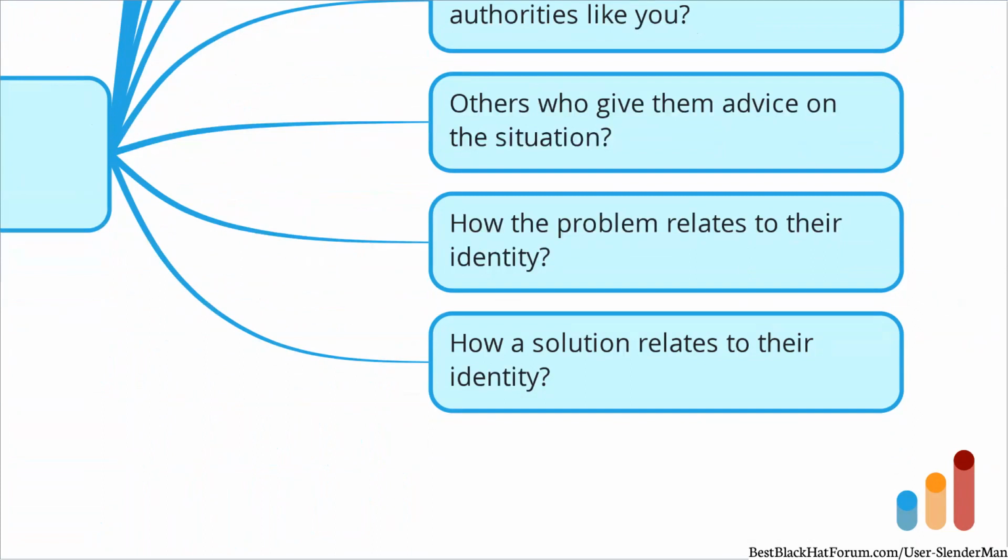And so you have to recognize if a solution that you're putting forward doesn't jive with the identity that the person holds for themselves, that you're going to have to speak to them in a different way, or you're going to have to focus your message on people whose identity does jive with the solution that you are providing.